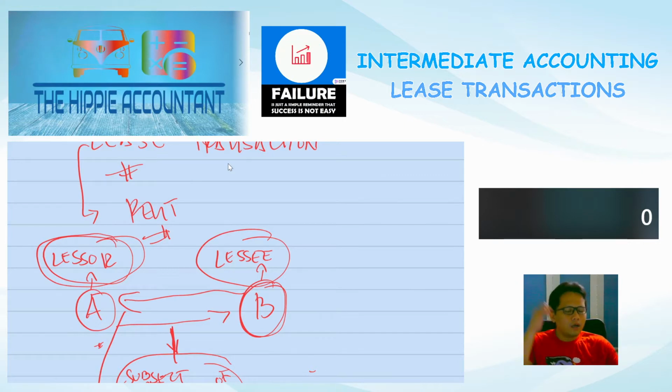Or if we are answering problems, exams, especially in the board exam, we should know, sino ba tong tinutukoy sa problem na sinasagutan natin. Or kung sino ba tayo. Lessee ba tayo or tayo ang lessor? Kasi nga, magkaiba yung treatment nilang dalawa pagdating sa accounting.